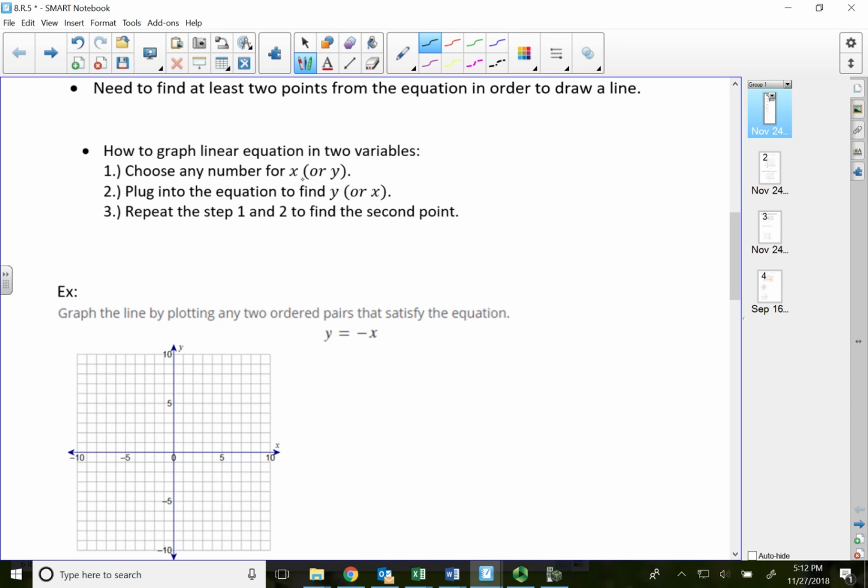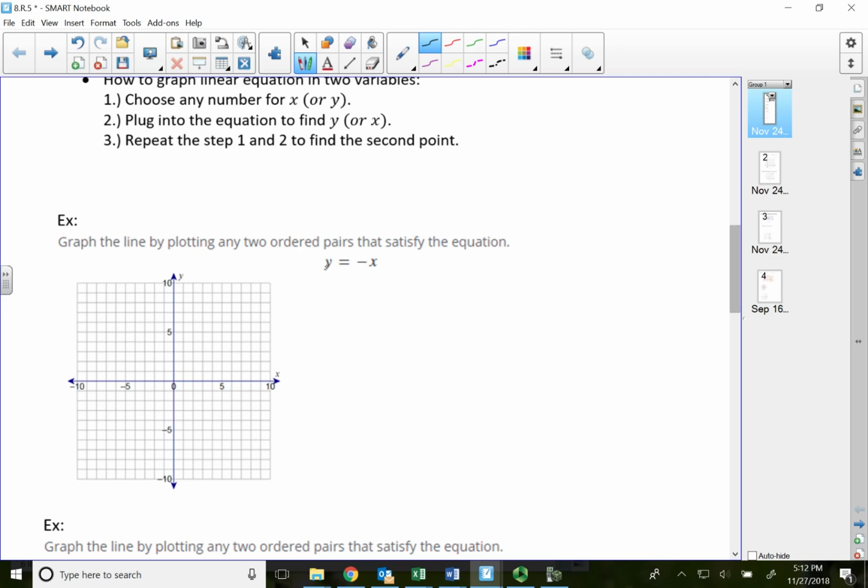And whatever we choose, we're going to substitute them into the equation to find the other variable, and then we can have 1 point, and repeat steps 1 and 2 to find the second point. All right, so this very first one, you see this one says y equal.